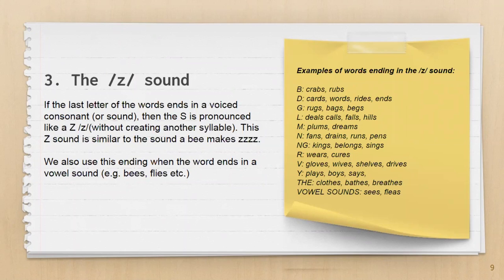So here are some examples that can give you a better idea of how the Z sound is said: crafts, cards, rocks, deals, plum, fan, king, wares, clubs, play, clothes, and thief.